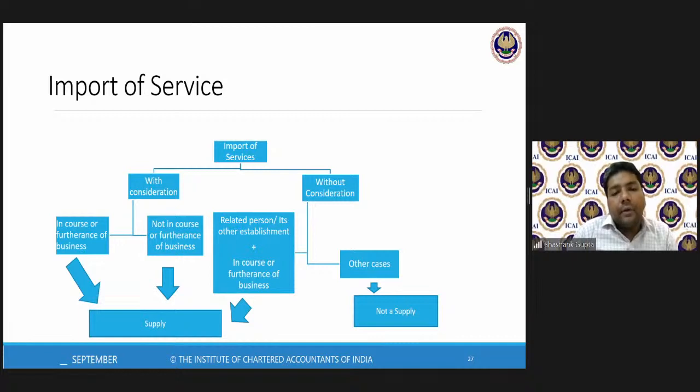Similarly, for any transaction to qualify as supply, there should be a consideration attached to it.